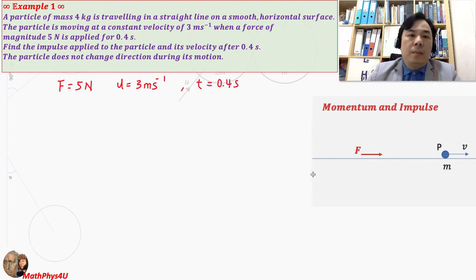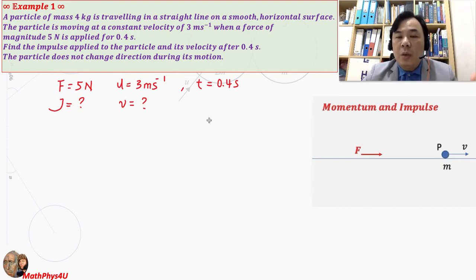All right. And then what we need to find here is the impulse. That's the first one. And then finally we need to find out what would be the increase in its velocity. Okay, that's what we have at this point in time. I think I also missed out the other information.